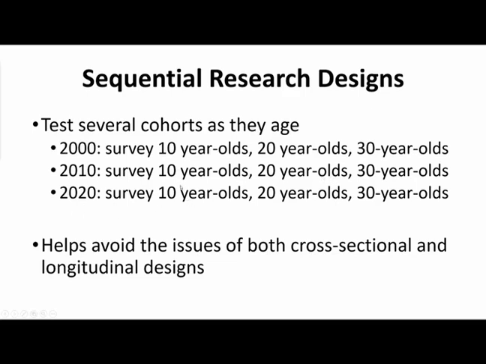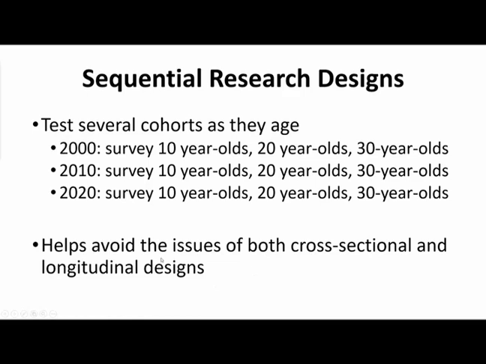And then 2020, you'd be looking at 30-year-olds, 40-year-olds, and 50-year-olds. So following multiple cohorts across time periods. A little bit cross-sectional because you're measuring multiple cohorts at one point, but also a little bit longitudinal because you're following the same cohort across time.